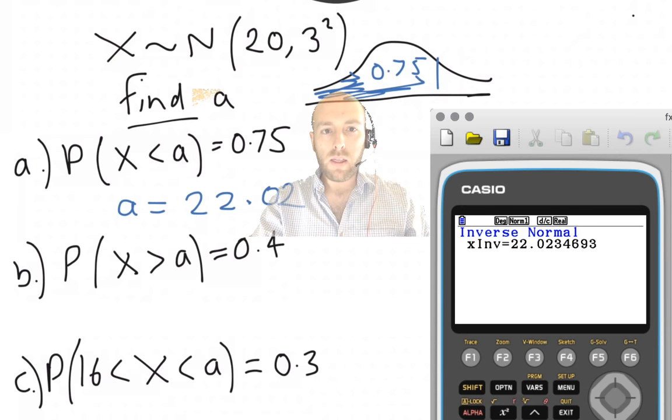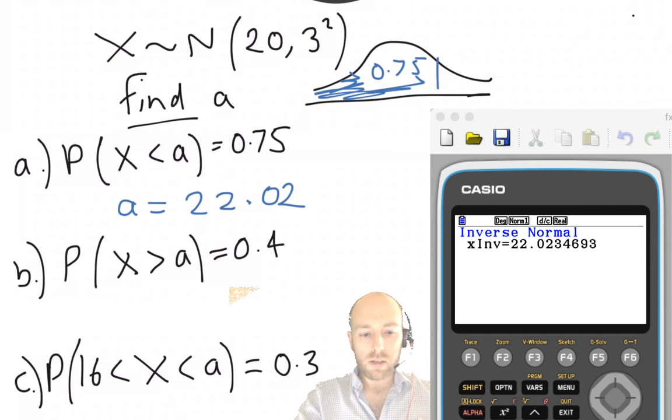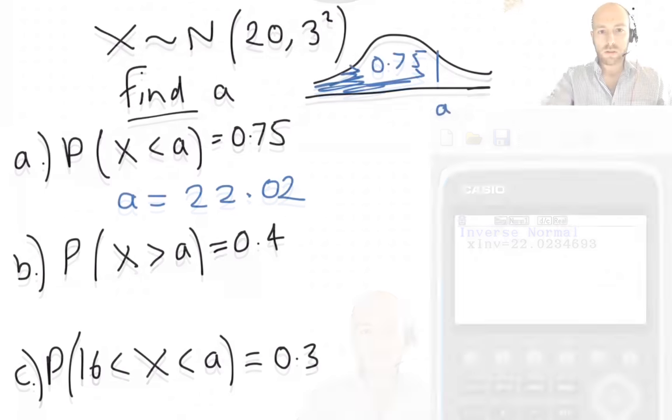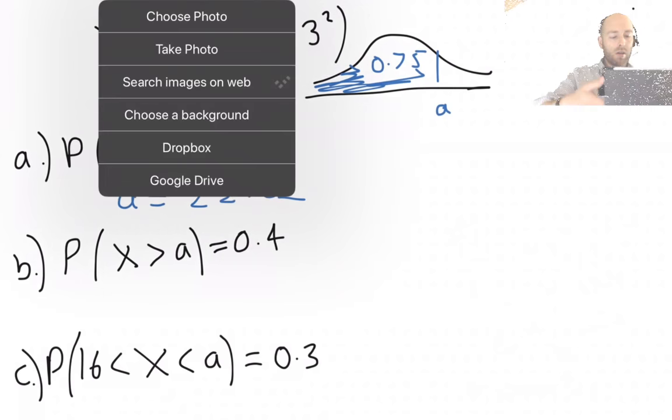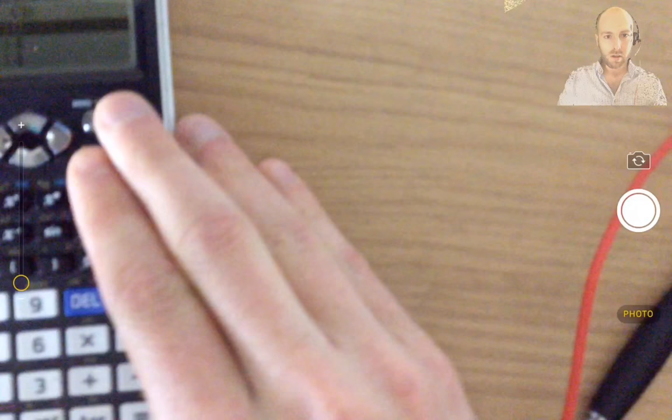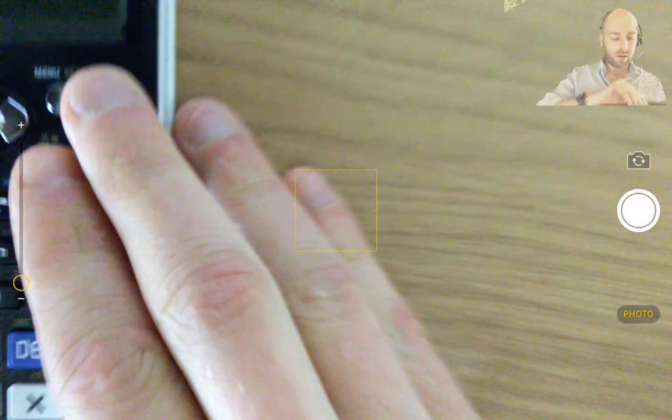Okay, let's quickly go through how you would do that on the ClassWiz. So I happen to have a ClassWiz. Cool.